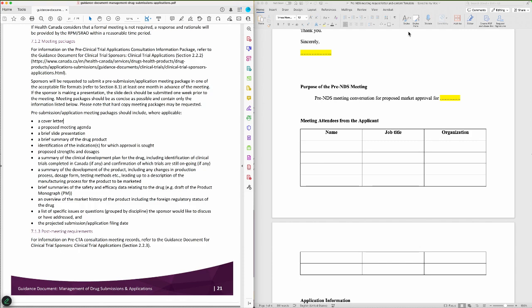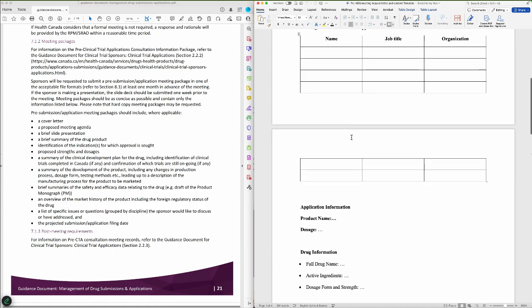We may have someone from research and development. So we may have sometimes even an investigator. It depends on what is the topic that we are going to talk about in the meeting. So we have to write down here who will be there from the company, the job title, and from which organization, because it may be someone who is one of your consultants. So you're going to add the name of the organization or the consultant, for example, who is working with you.